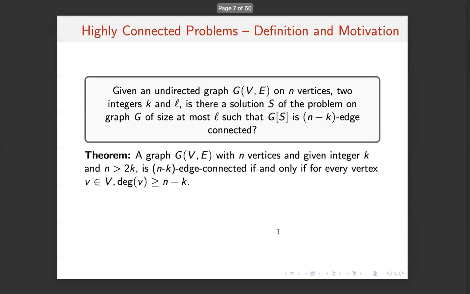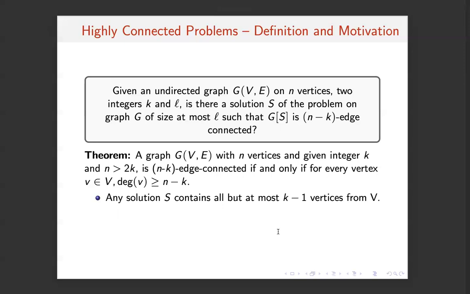But while studying the problem, we prove that if n is greater than 2k, the graph is n minus k edge connected if and only if every vertex in the graph has degree at least n minus k, where n is the number of vertices in the graph.